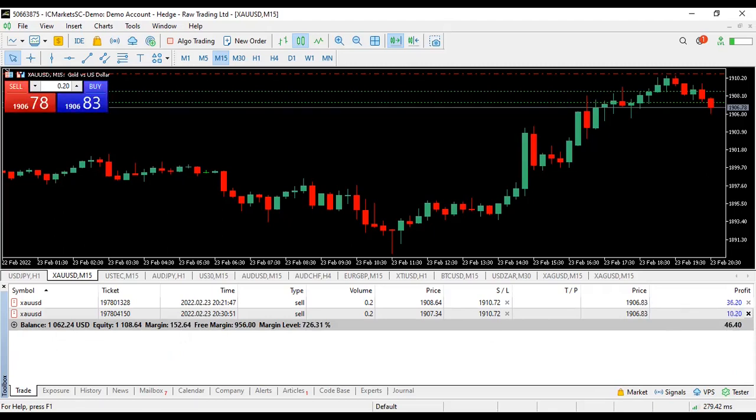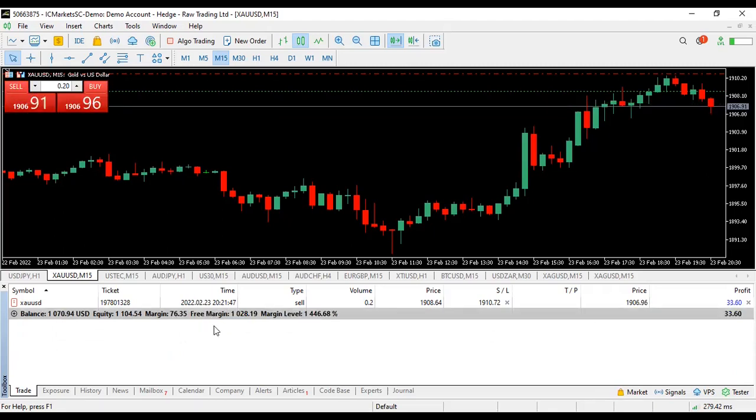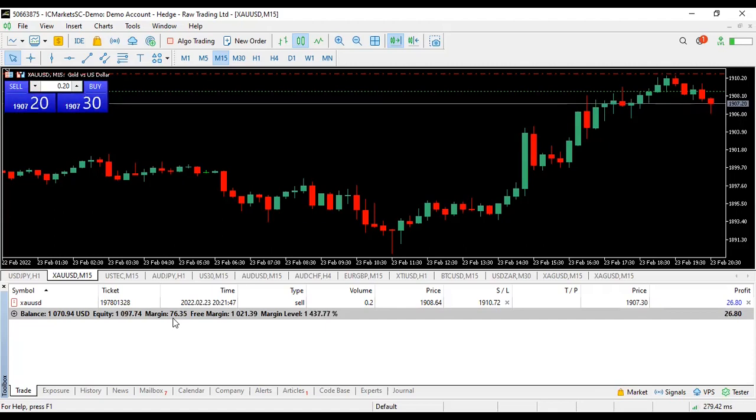Let me close the last one. My margin is 76. So the more trades I place, the more the margin will keep on growing until it hits the roof and tells me that you can't place any trades anymore. You are about to blow your account.